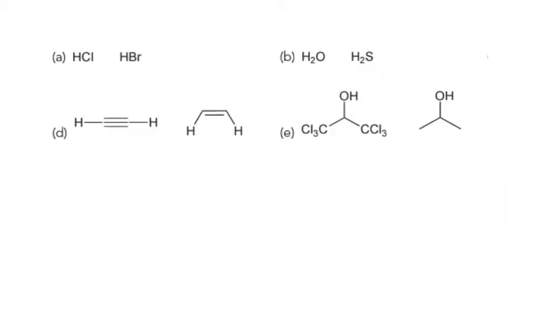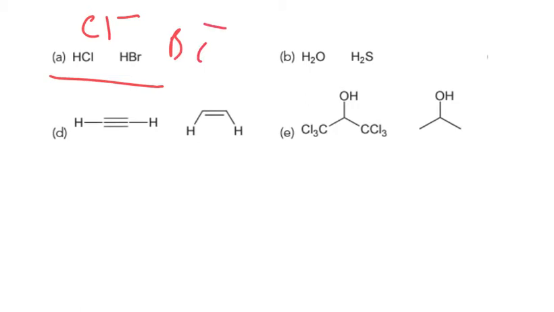So this question is asking about the pKa's, asking which proton is going to be more acidic. Let's just take this example here, and let's compare HCl and HBr. If you compare those two, again, you have to compare the conjugate bases. For this, it would be Cl minus. For this, it would be Br minus.